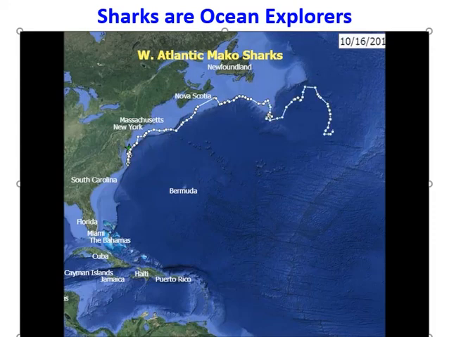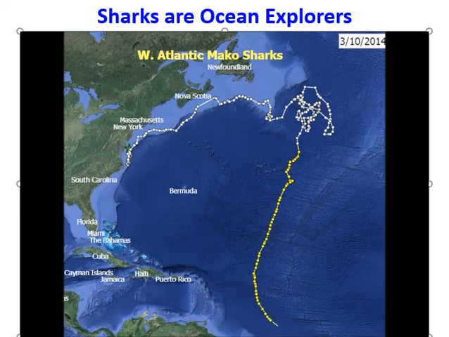Here's a track of a mako shark that we tracked using a satellite transmitter. So there's this area up off of Canada that's rich in resources. Then the shark leaves. This is in February, March, makes a 7,000-mile trip down south, decides, oh, well, that's not a good location.